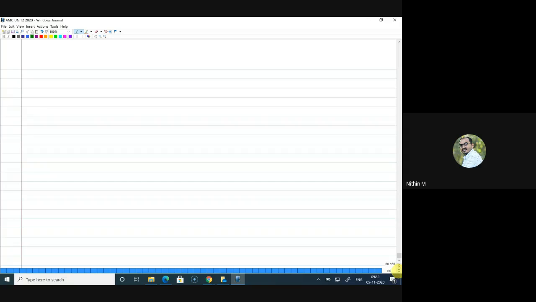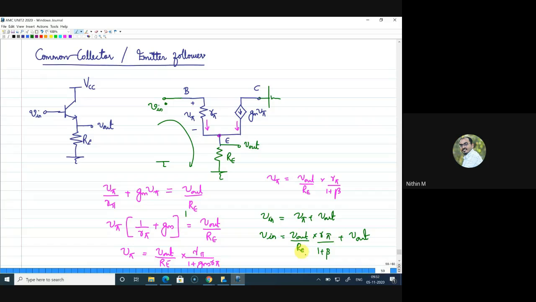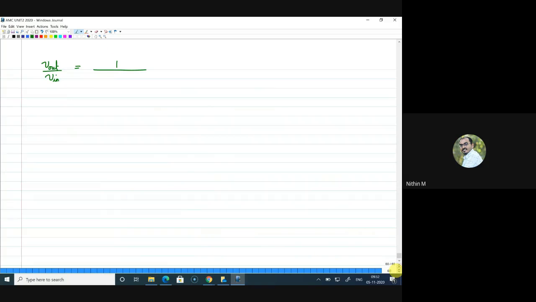This gives V out by V in as 1 by 1 plus R pi by beta plus 1 into 1 by RE.